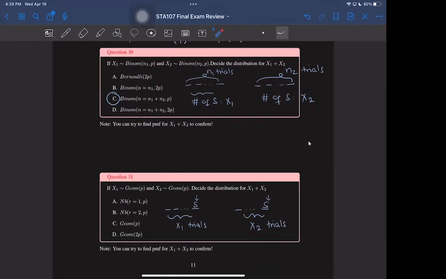What does it mean to take this amount of trials plus this amount of trials? Think about the meaning of it. Let's wait for one more answer.